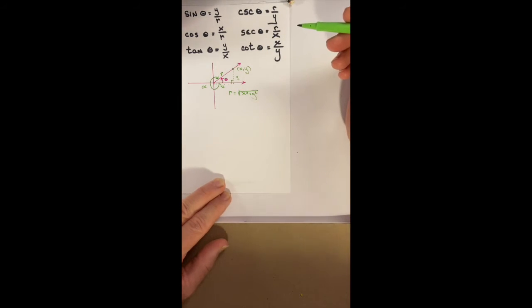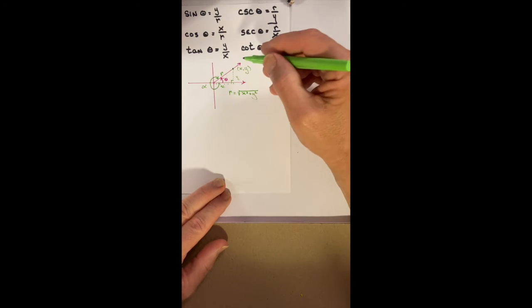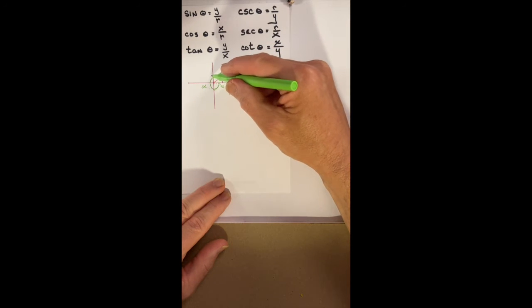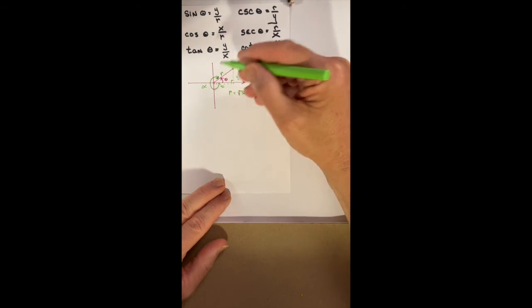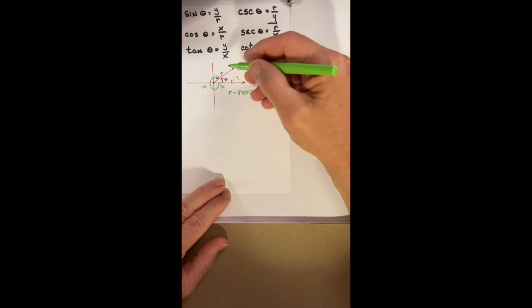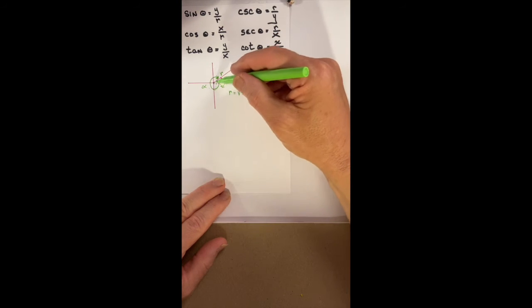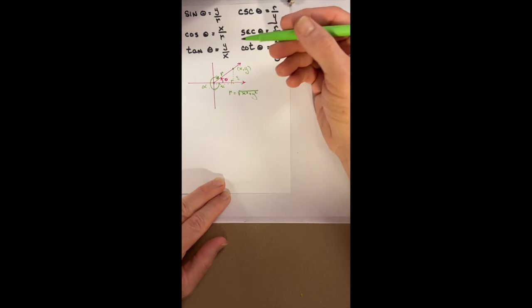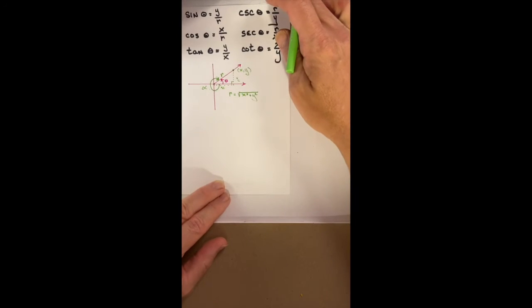So why do this, you ask? Well, what about the tangent, cosine, and sine of this angle alpha that goes around this way, the negative angle? Basically, we want the sine, cosine, and tangent of this angle and this angle to be the same because it makes sense for them to be the same.